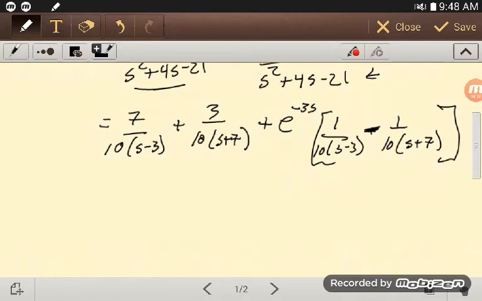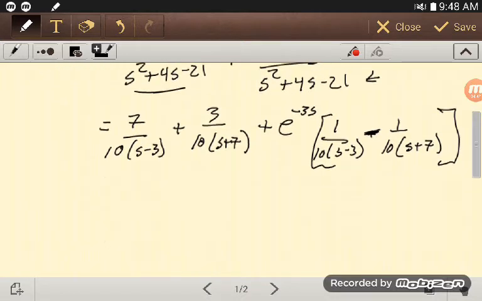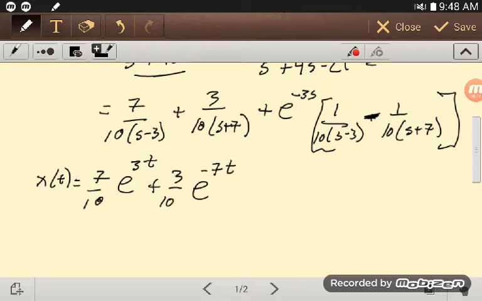Okay, now we need the inverse Laplace transform, and so again this was uppercase X, we need to make sure it looks that way. And so now when we do the inverse Laplace transform, we have our lowercase x of t, and from this first part 7 over 10, and we've done this a bunch of times, we know this is e to the 3t plus 3 over 10 e to the minus 7t.